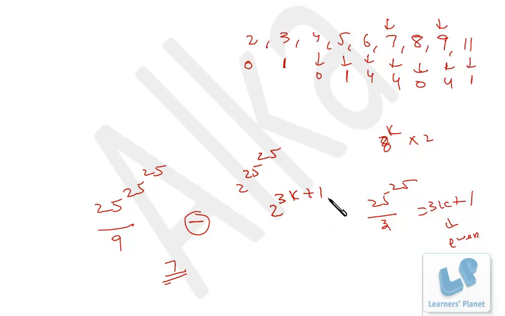So that's 2 raised to 3k into 2. So 2 raised to 3k can be written as 8 raised to k into 2. Now 8 raised to k, if divided by 9, the remainder will be minus 1. Minus 1 raised to k, that's an even number, so the remainder will be 1. 1 into 2, the remainder will be 2. But that 2 into this minus, do not forget this minus, the remainder will be minus 2. So the final remainder will be 9 minus 2, 7.